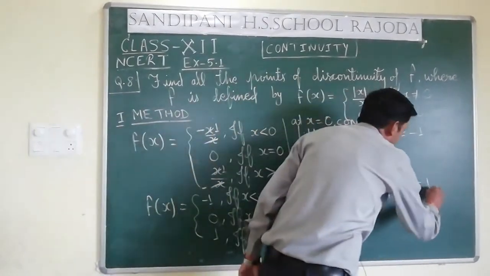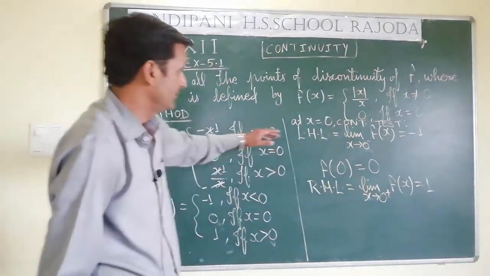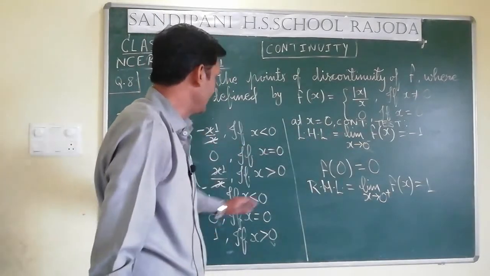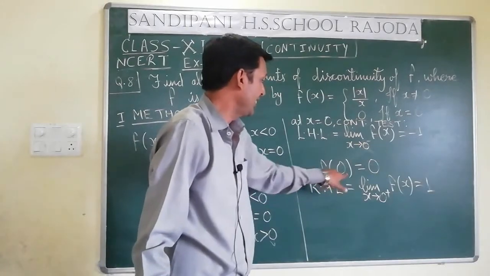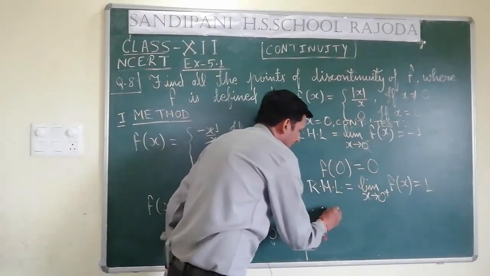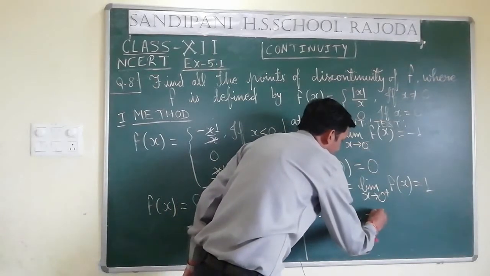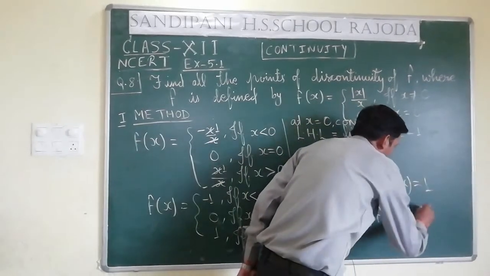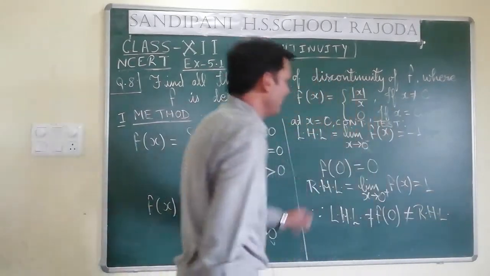So, this is the first method by which you can find the limit in all three cases: in LHL, in RHL and at x equal to 0. LHL is not equal to f of 0, and it is not equal to RHL also. All three values are different.